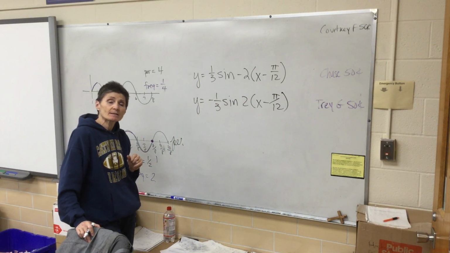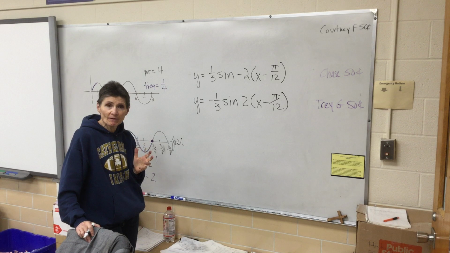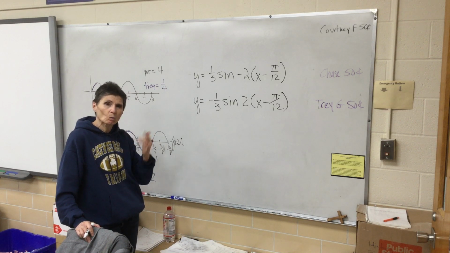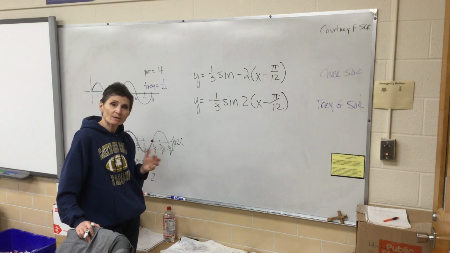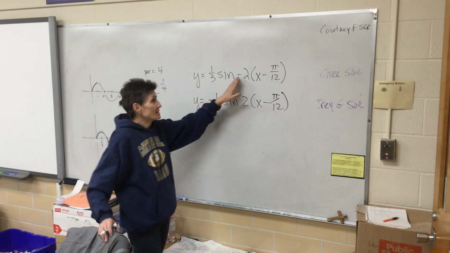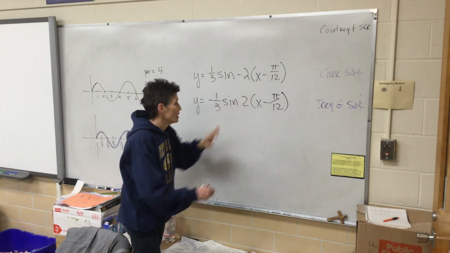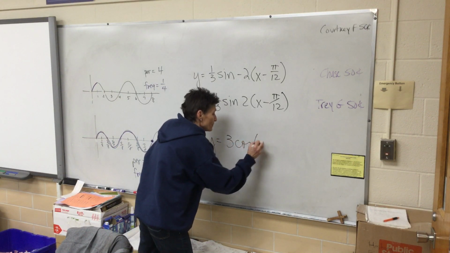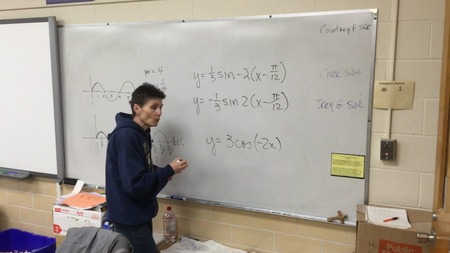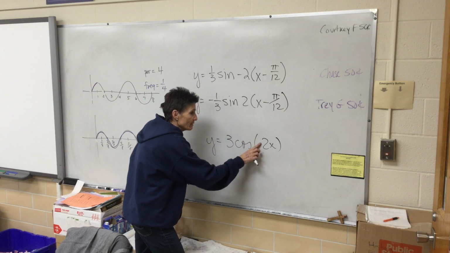Cosine and secant are what we call even functions. They have symmetry about the y-axis. So if your function has symmetry about the y-axis, then this negative is meaningless. So if we had 3 cosine negative 2x, okay, we would simply erase that negative.